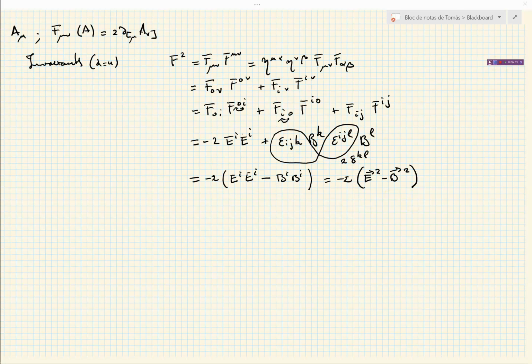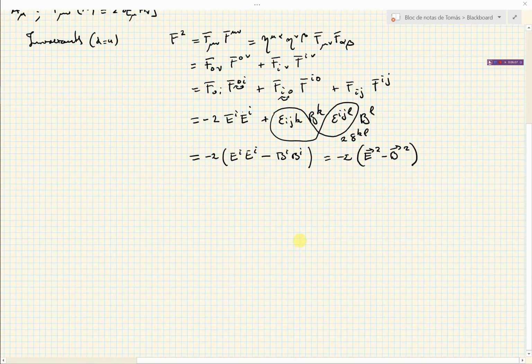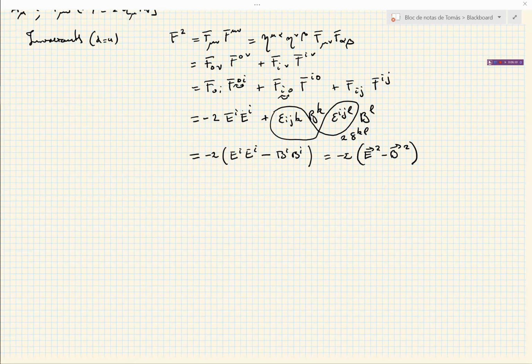The value of this combination of the electric and magnetic fields will always be the same in any inertial reference frame. This is important for many reasons, but just to give you an example of how you can use this, suppose that F squared is positive.